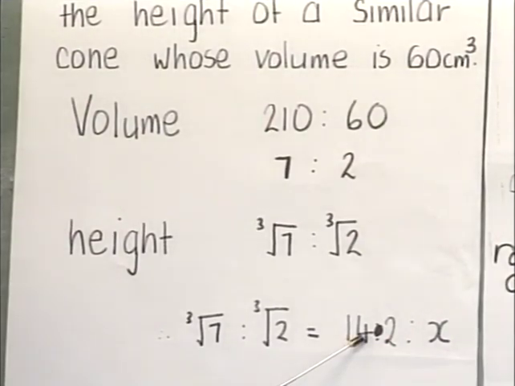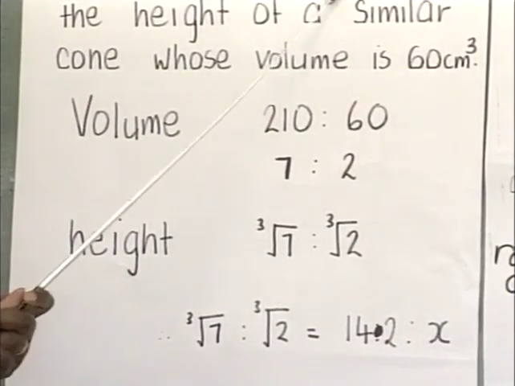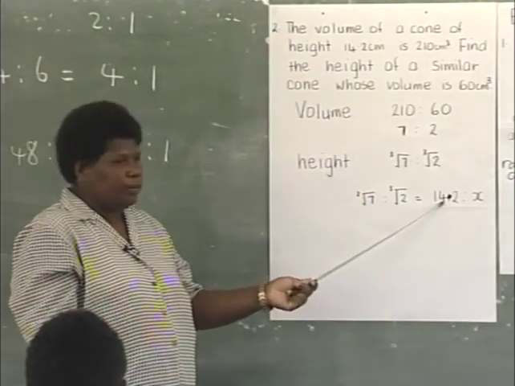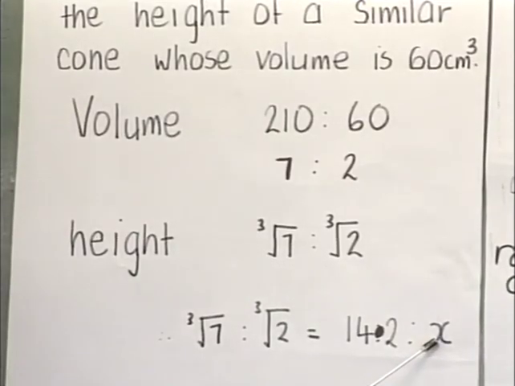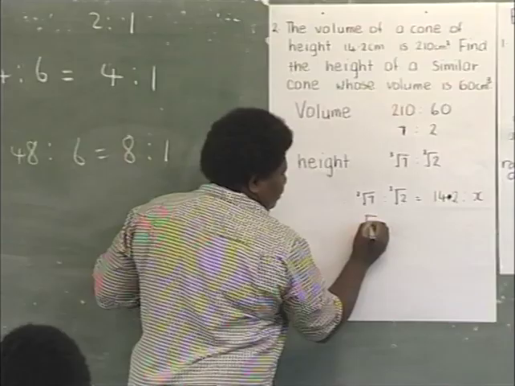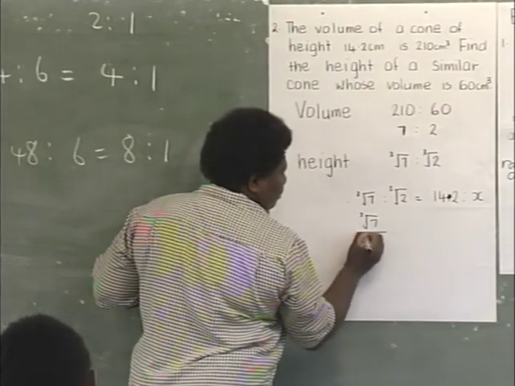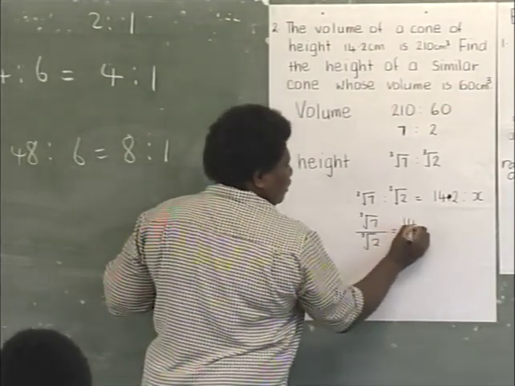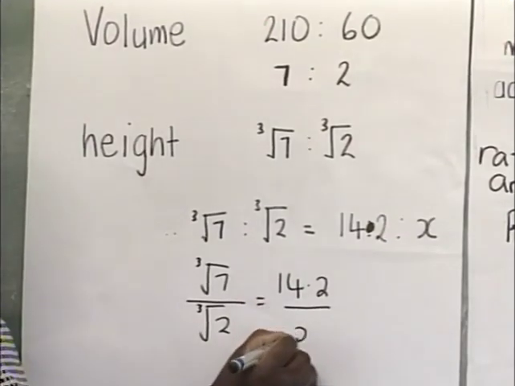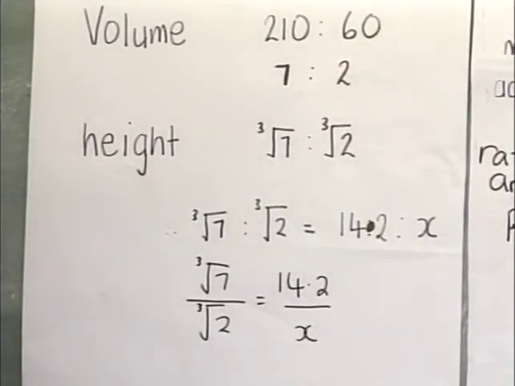And the height of the one that has a volume of 210 is 4.2. Then I have to find the height of the other one. So I can write it as the cube root of 7 over the cube root of 2 is equal to 14.2 over x. And then you can use your calculator.